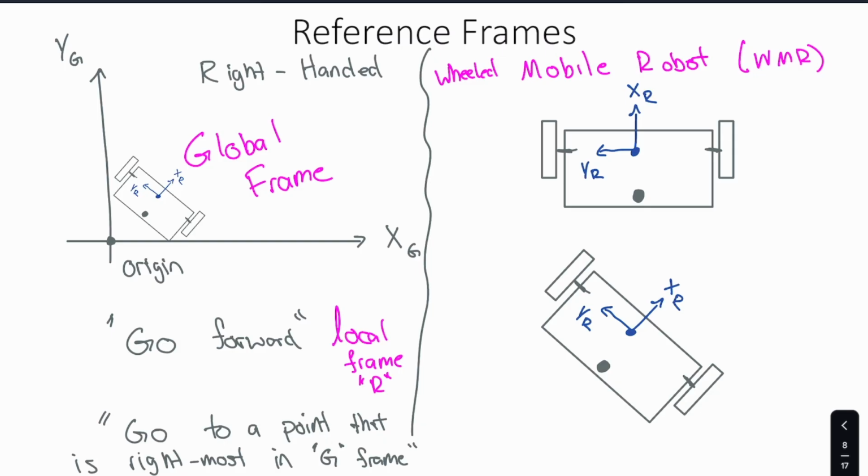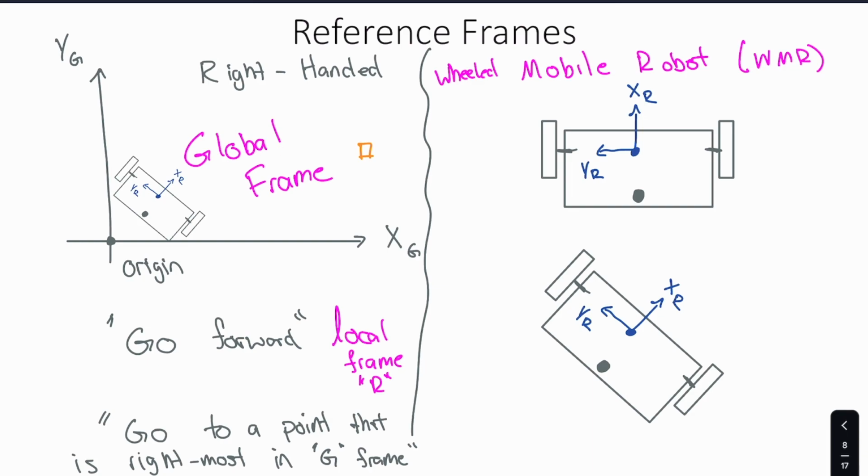So maybe that point exists here. There's nothing to the right of this point, for example. And it would be annoying to specify that in terms of the local frame, because it would change over time. If the robot was facing this way, well, from a robot facing this direction, that rightmost point in the global frame would be backwards. However, if the robot were facing directly at it, it would be forward with no Y component.